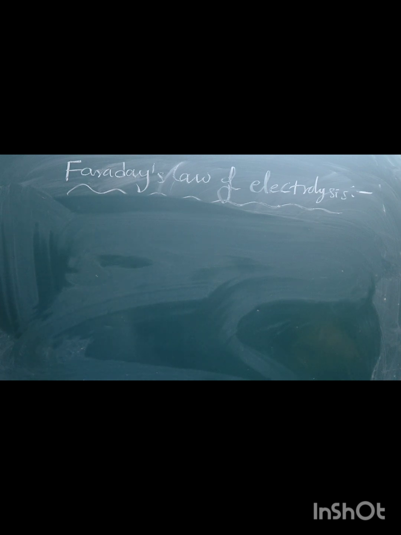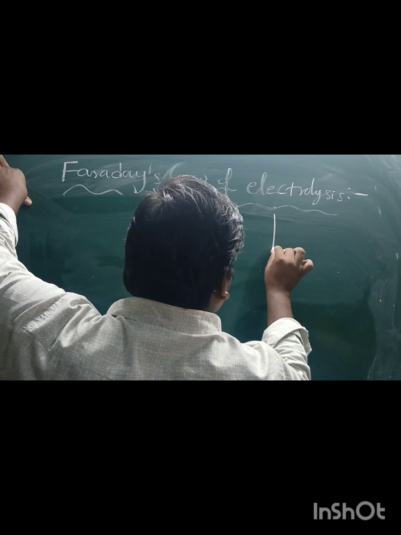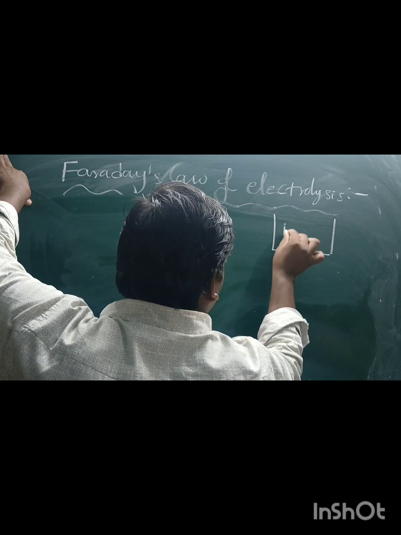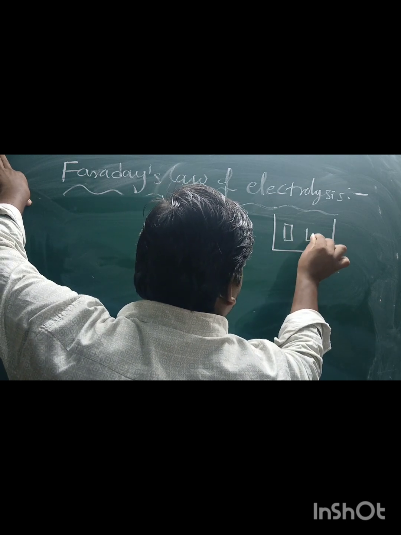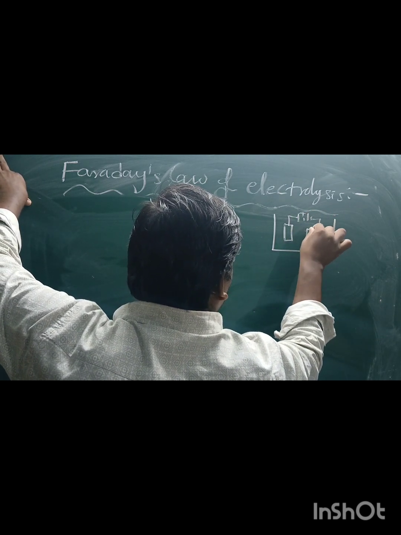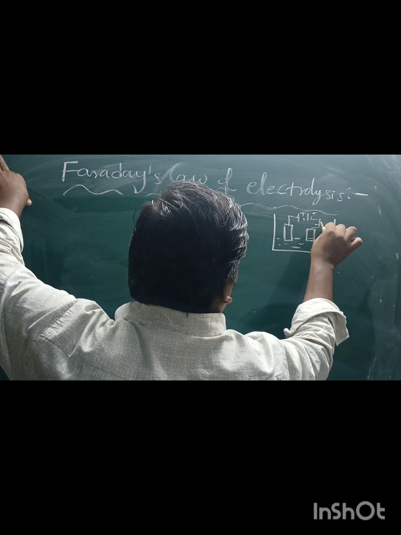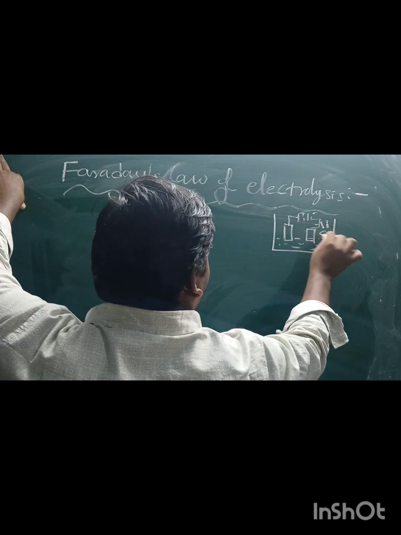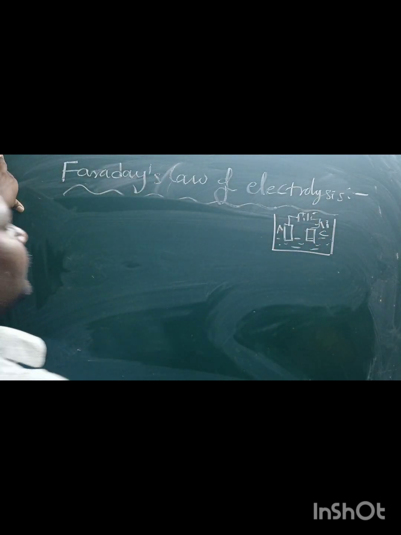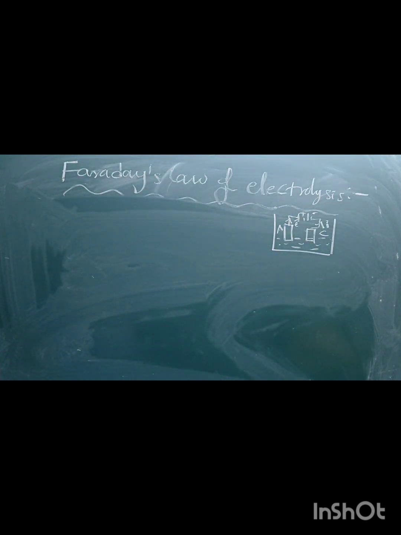Here, what is the quantitative relationship between the quantity of electric current? Electrons flow from anode to cathode.